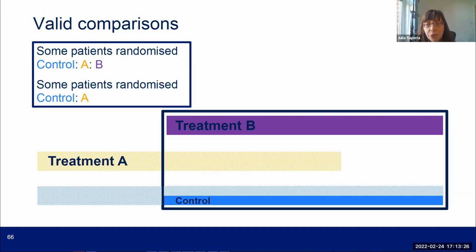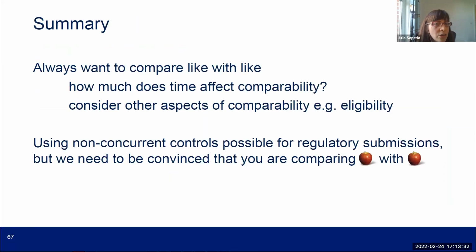Daniel referred to this in his presentation as well. So when you're talking about concurrent controls, concurrency is necessary, in inverted commas, but not sufficient. You have to look at other aspects of comparability, like eligibility for the treatments.